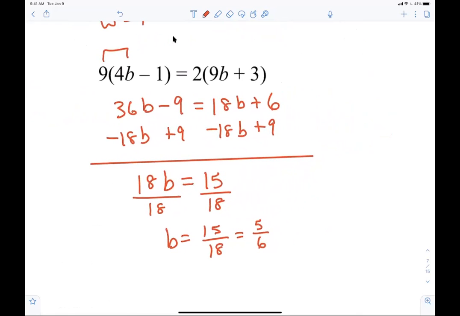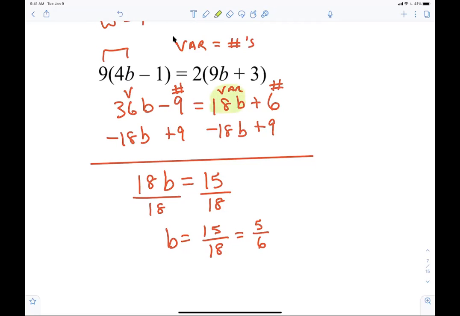Because remember, at the beginning, you're supposed to remember the variables go on one side and the numbers go on one side. It's not like plus 36. Because this is a variable, this is a number, this is a variable, this is a number. So I'm trying to move the 18b because it's a variable, that has to go on the other side. You with me?